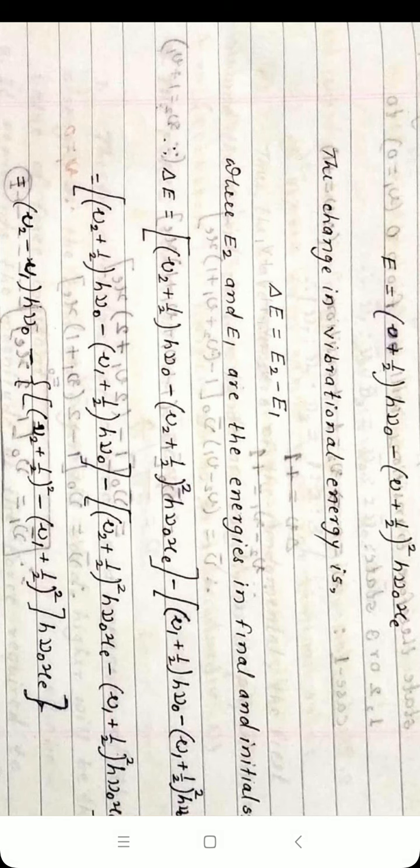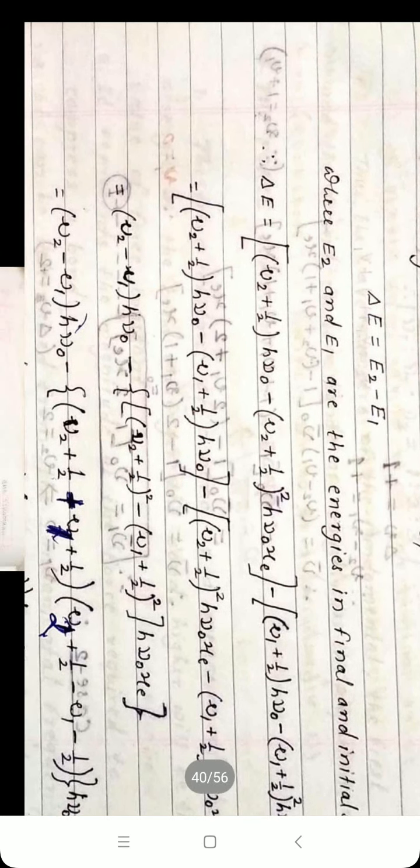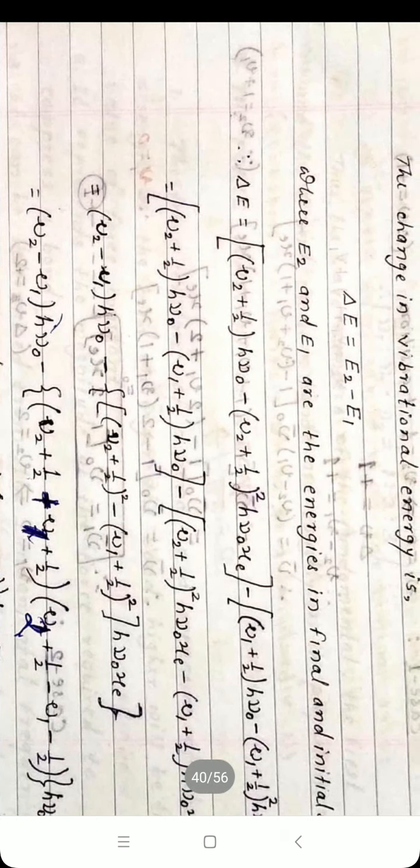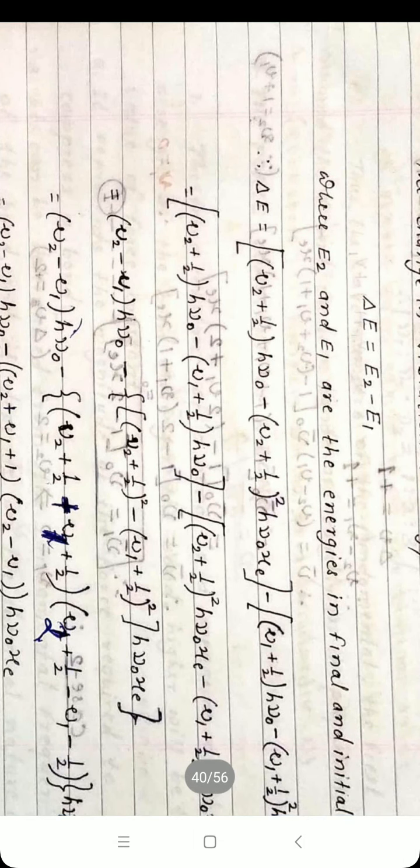By rearranging, we get (v2 plus half) h nu0 minus (v1 plus half) h nu0, where the h nu0 terms we collect together, minus (v2 plus half) whole square h nu0 xe minus (v1 plus half) whole square h nu0 xe, that is, both are bracket square terms.